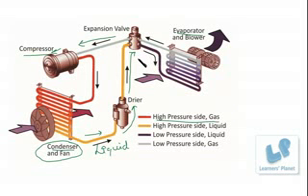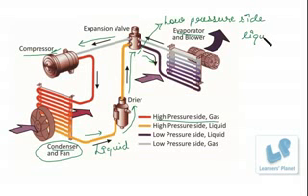And finally it will be converted into a low pressure gas. Now here, what plays the role? The low pressure side, which is in the liquid form, right? So this cycle goes in this way.